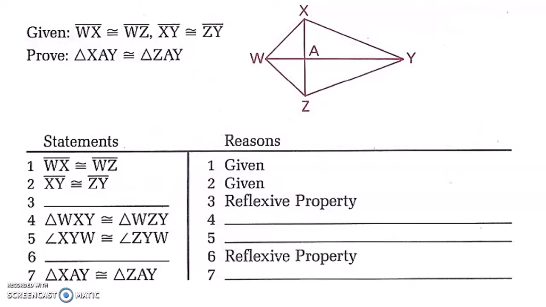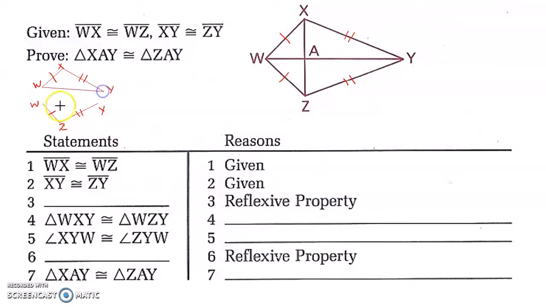Let's look at another example. Given WX is congruent to WZ, and I know I'm going to need to prove triangles, so I'm going to start drawing those out right away. And then XY is congruent to ZY. And I'm trying to mark my smaller diagram identical to the larger.